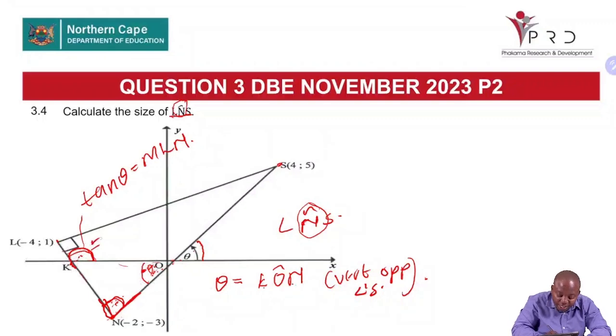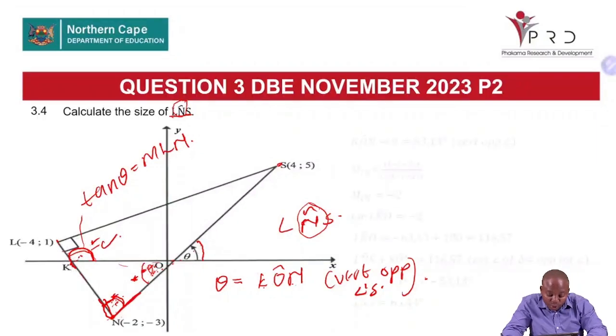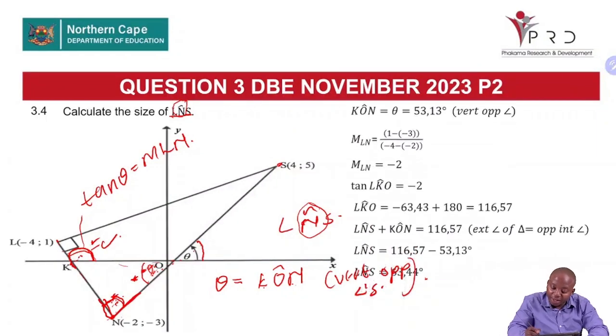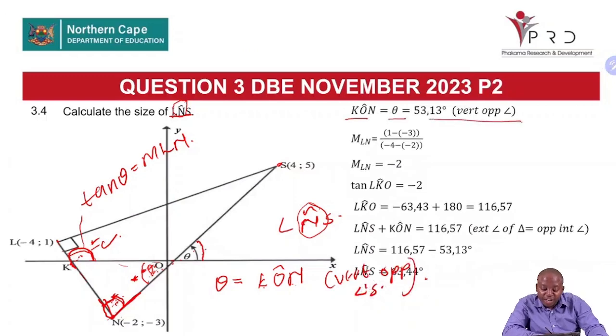So this angle is equal to this angle plus that angle. Now, remember, KON is equal to theta. Why? These are vertically opposite angles, and vertically opposite angles are equal. So this angle here will be 53,13 degrees, because they are equal.